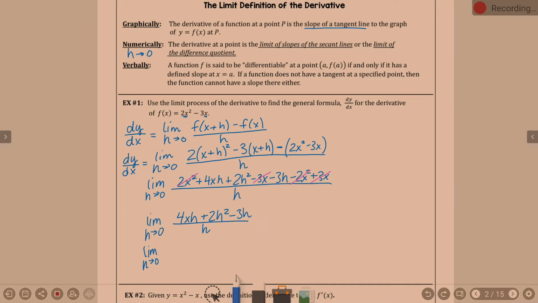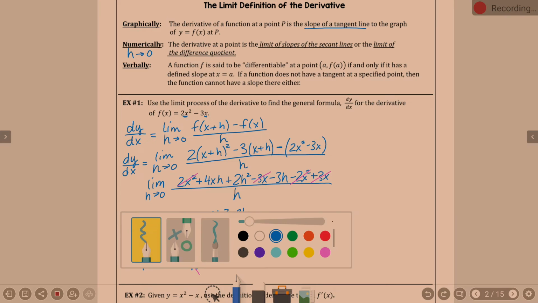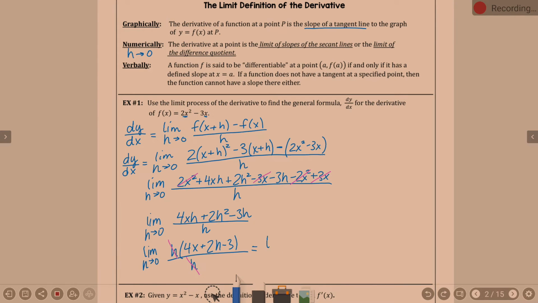Okay. Factoring the h out, we have 4x plus 2h minus 3. So now I can cross those h's. So it's the limit as h approaches 0 of 4x plus 2h minus 3.